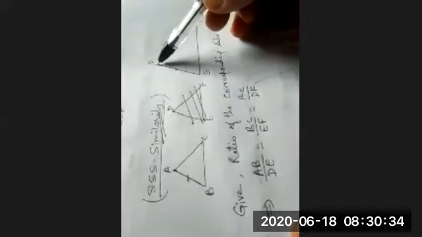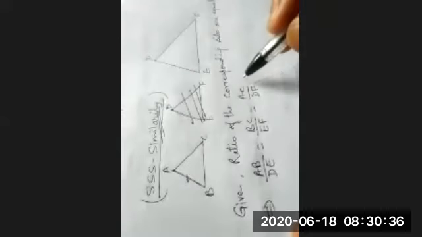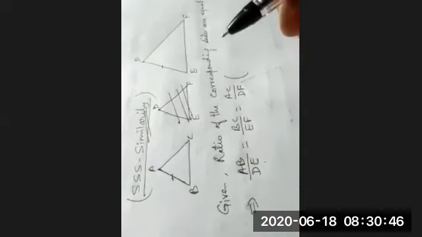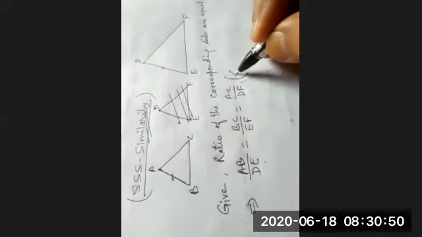Now see, we have just considered ABC is a triangle which is smaller in size than the triangle DEF. So AB is the smaller side and DE is the larger side. So a smaller divided by larger will give a value less than 1. Okay. So all these ratios are less than 1. Understood?